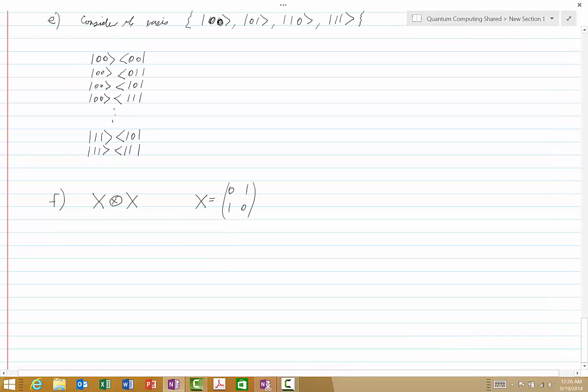Okay, for this problem, I want to consider two different ways to do it. In the first, we will go directly to the Bra-Ket notation.